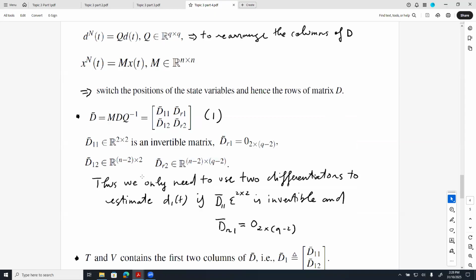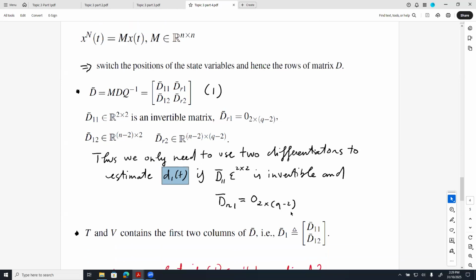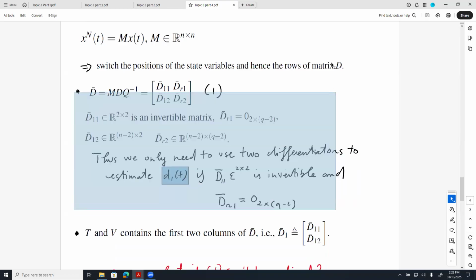We now need to use only two differentiators to completely express the unknown input d1 of t in terms of the first derivative of two output measurements. Okay, so that is the core essence of this arrangement.